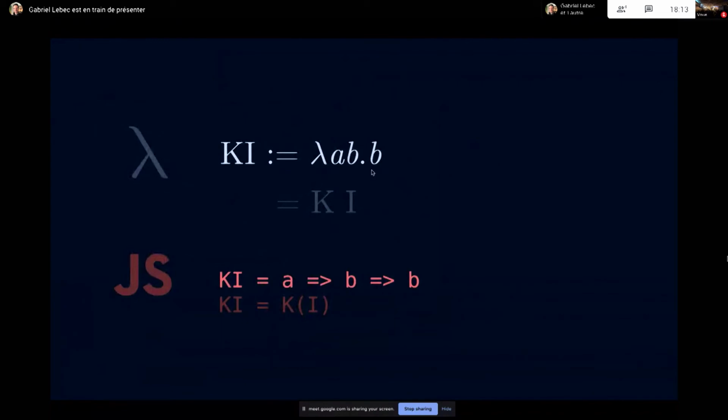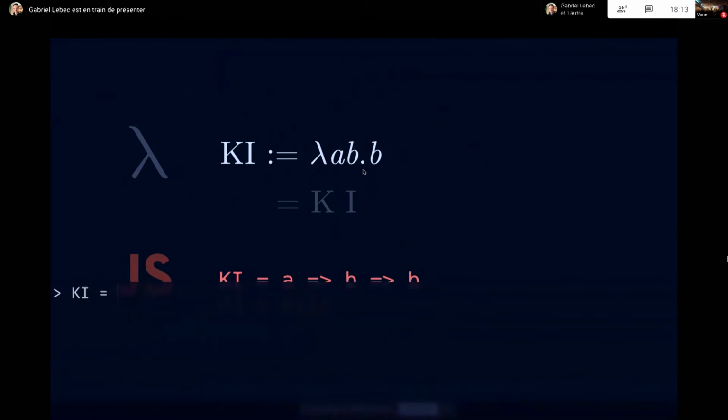Now, we can do it the manual way. We can do it the way we've been doing this whole time. We could say ki is a function which takes in an a, and it takes in a b, and it returns the second one. And that will work the exact same way. So now we can call it with two things and it returns a second. So we could still define the ki function by hand.